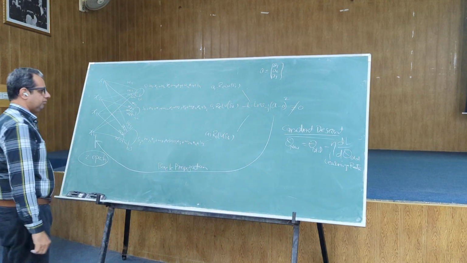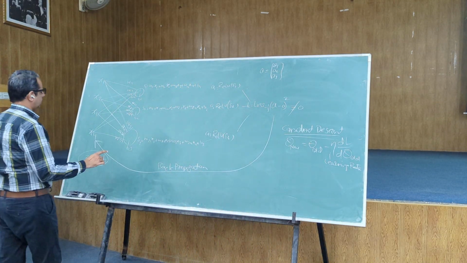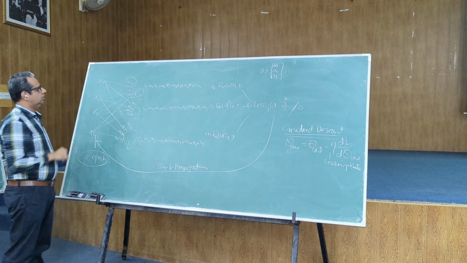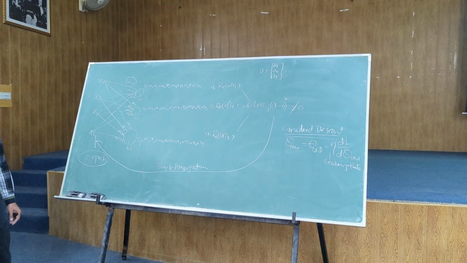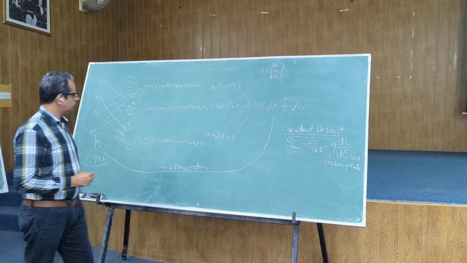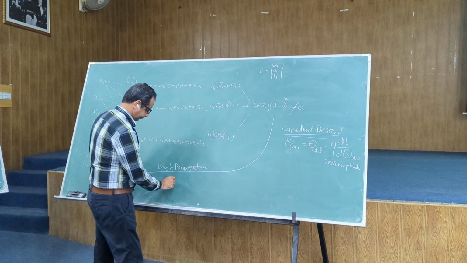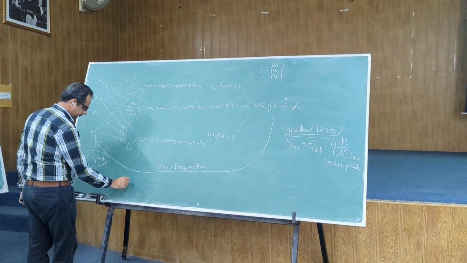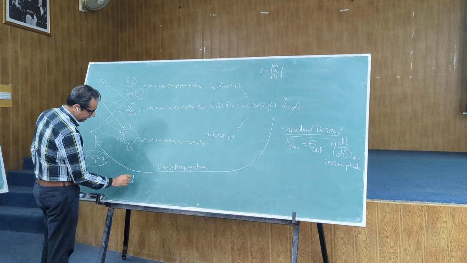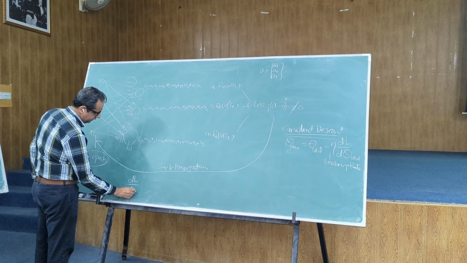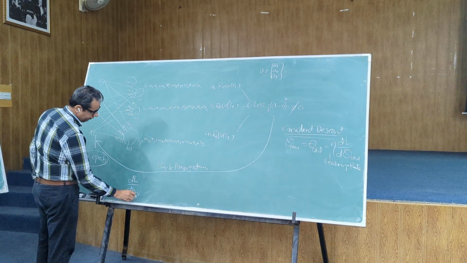So this is the formula. Let me do one calculation. I am doing the calculation for W11, how it will be updated with respect to gradient descent. So we need the derivative of our loss function with respect to dW11.